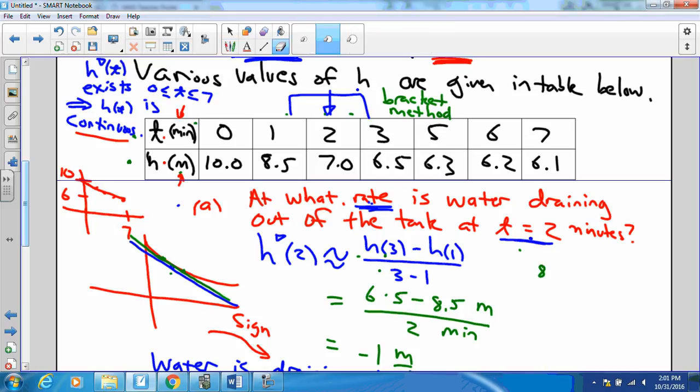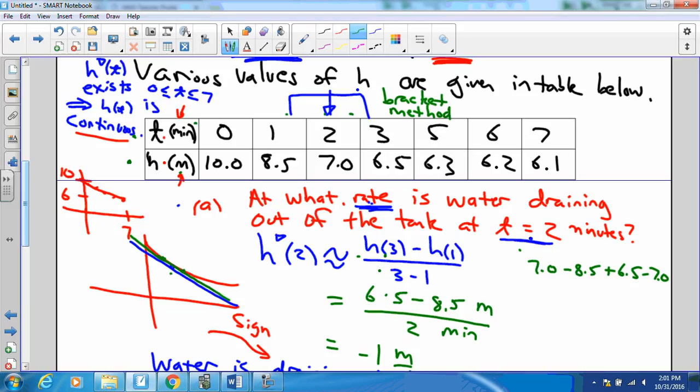Right. Watch what happens if you do that. Our first rate would be 7.0 minus 8.5, final minus initial.